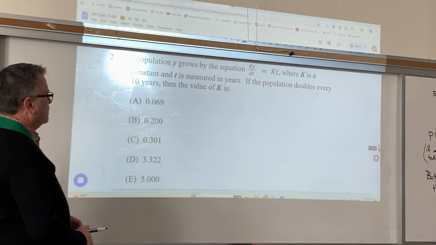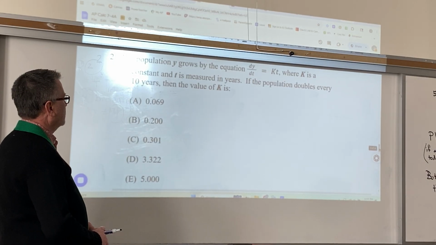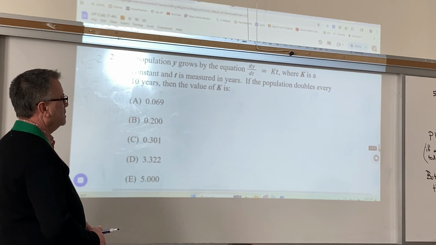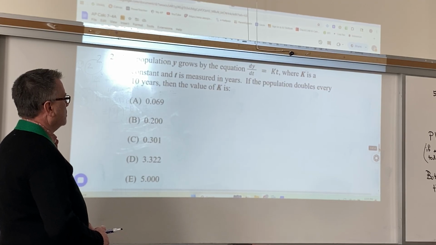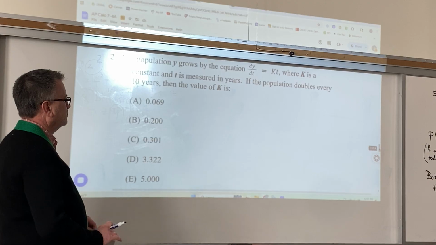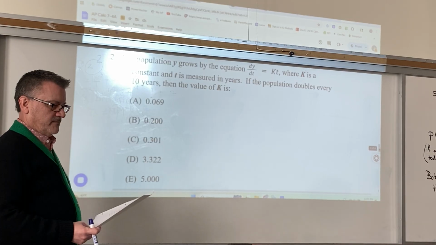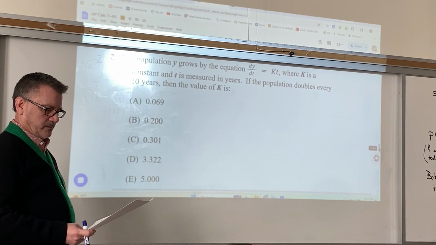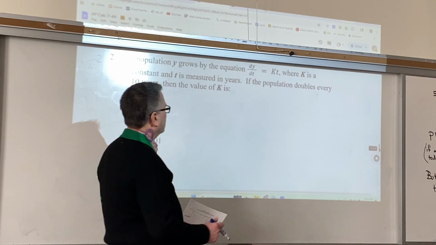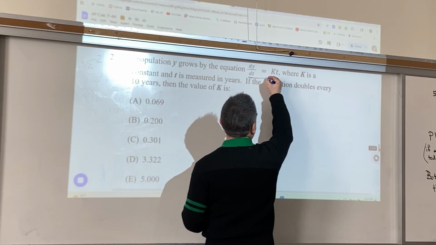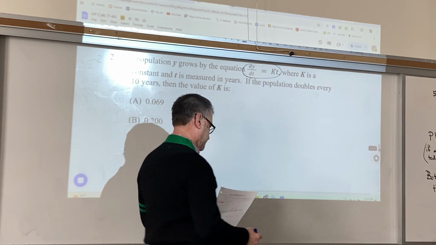Population y grows by the equation dy/dt equals kt, where k is a constant and t is measured in years. The population is going to double every 10 years. Then what's the value of k? Oh, now we're trying to find the value of k. But I notice I've got this, right?